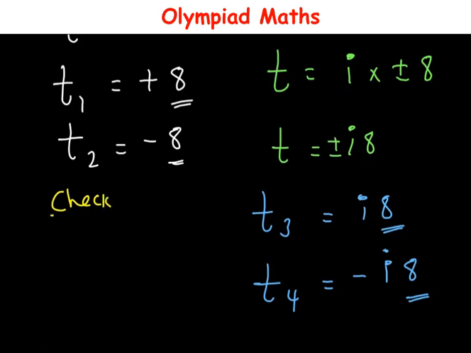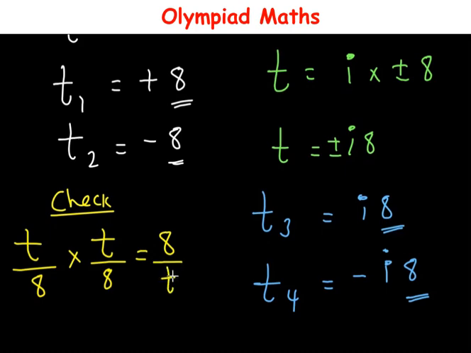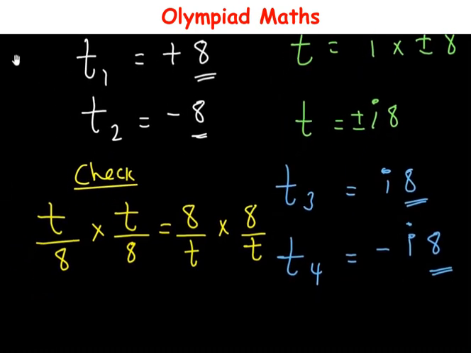Let's check. The question is t over 8 times t over 8 is equal to 8 over t times 8 over t. So for the first value of t, which we got as 8, so for t1 equals 8, let us input the value of t into this equation.